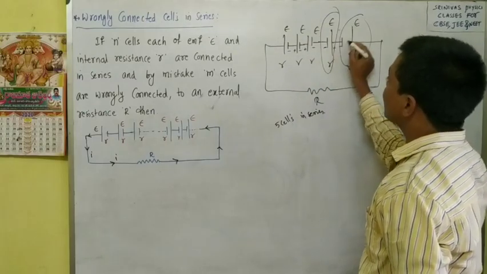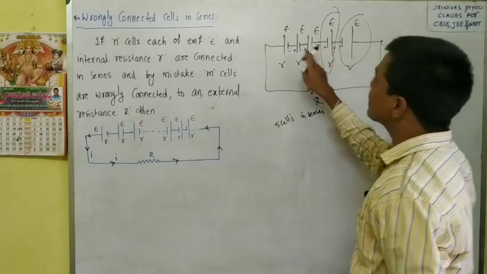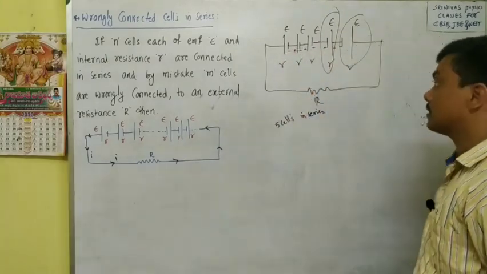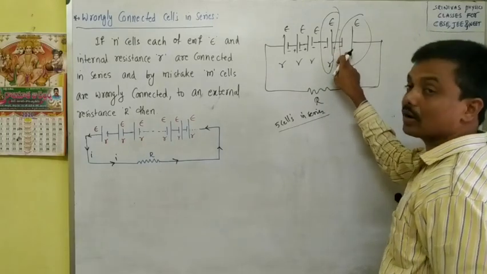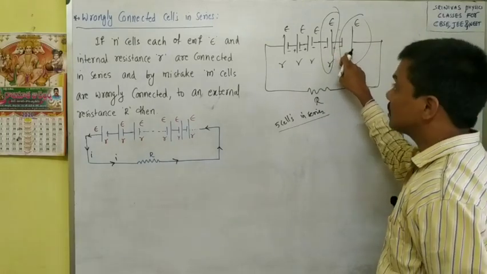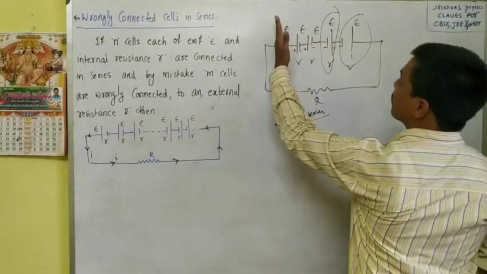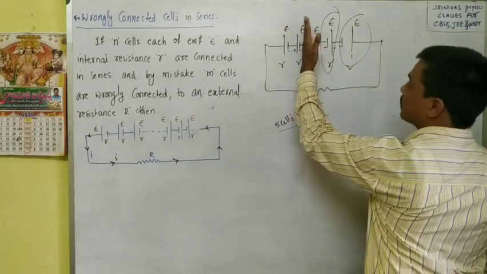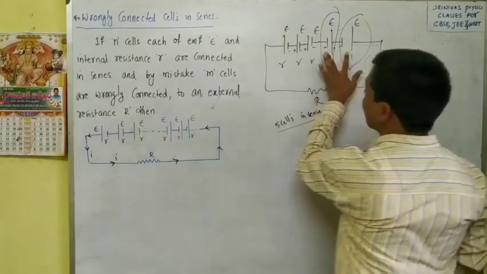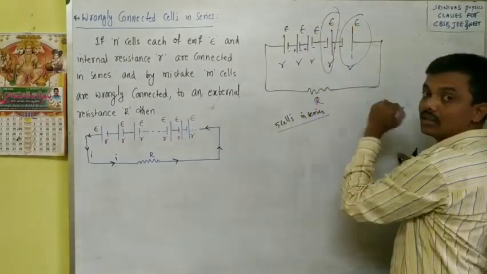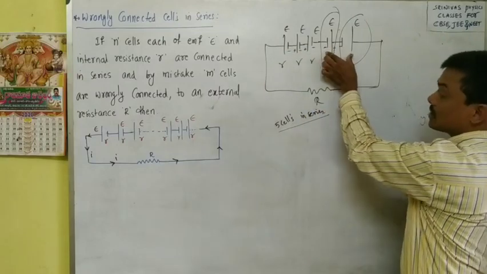These 2 cells are reversed compared with these 3. That's why out of 5 cells, 2 cells have their polarities reversed. In the correct cells, positive is on the left side and negative on the right side. But here negative is on the left side. That means it is reversed. These 2 cells are reversed.